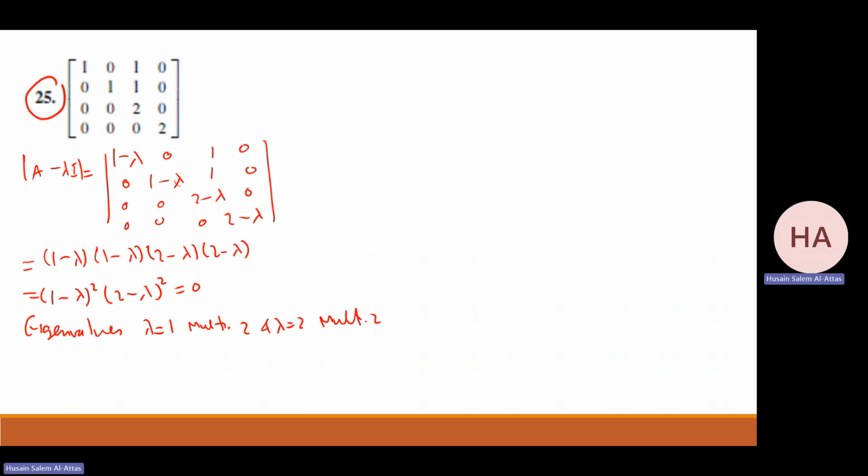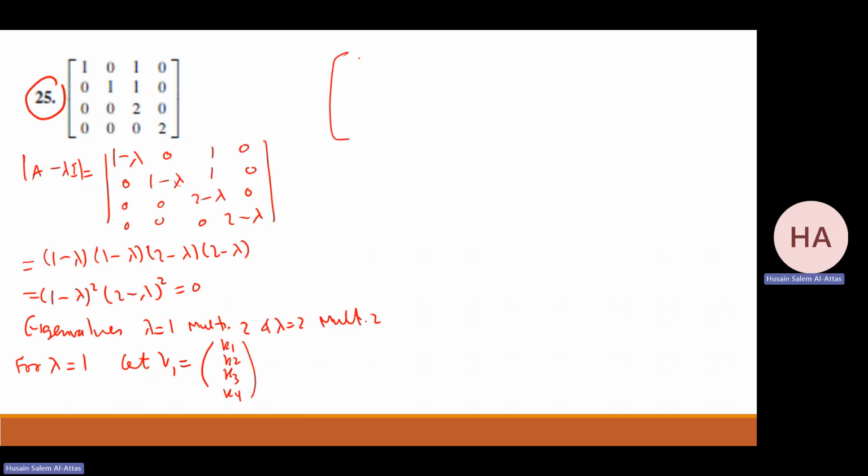Okay, so now for lambda equal 1, let V1... okay, so let me solve it. What will be the system?